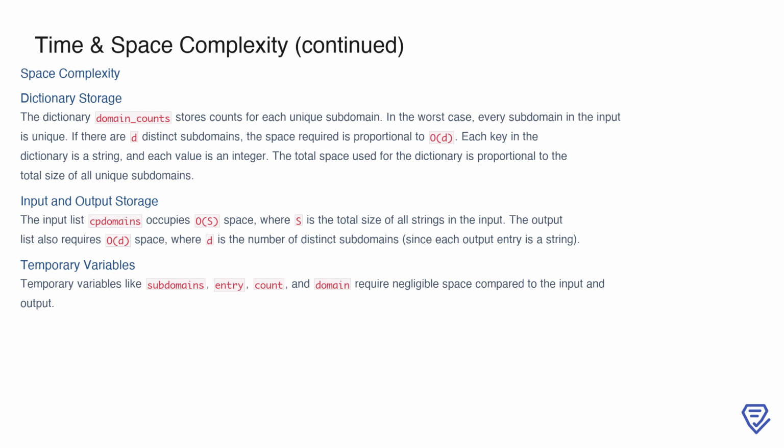The input list domains itself occupies O(S) space, where S is the total size of all strings. Similarly, the output list requires O(D) space, as each entry corresponds to a distinct subdomain. Temporary variables like subdomains, entry, and count require negligible space compared to the input and output. Together, these components define the space usage of the solution.